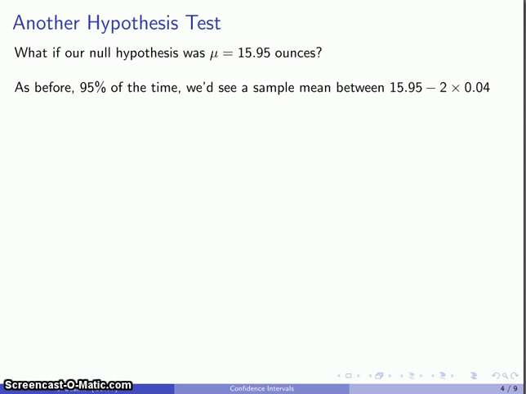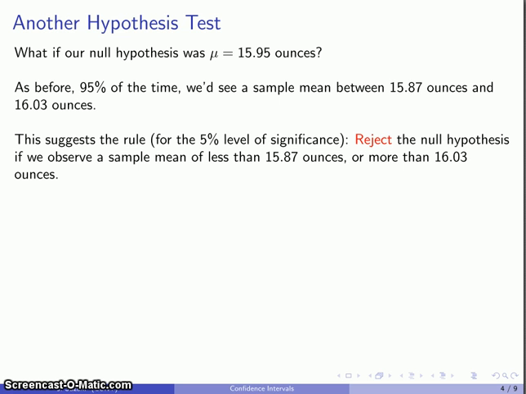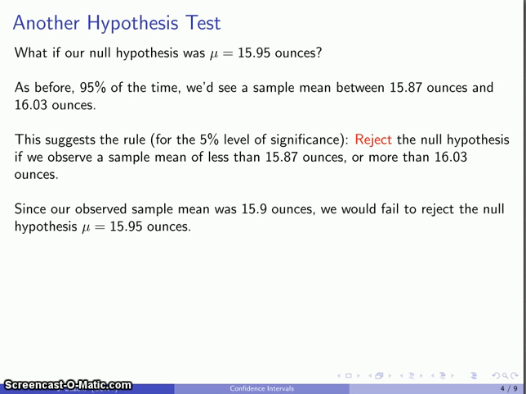So with the 5% level of significance, I'd see a sample mean between 15.87 and 16.03 ounces about 95% of the time, and so my 5% level of significance rule gives me reject the null hypothesis if you observe a sample mean of less than 15.87 ounces, or if you see something more than 16.03 ounces. And again, we have our observed sample 15.9, and this is actually inside this interval, so that tells us we would fail to reject the null hypothesis.